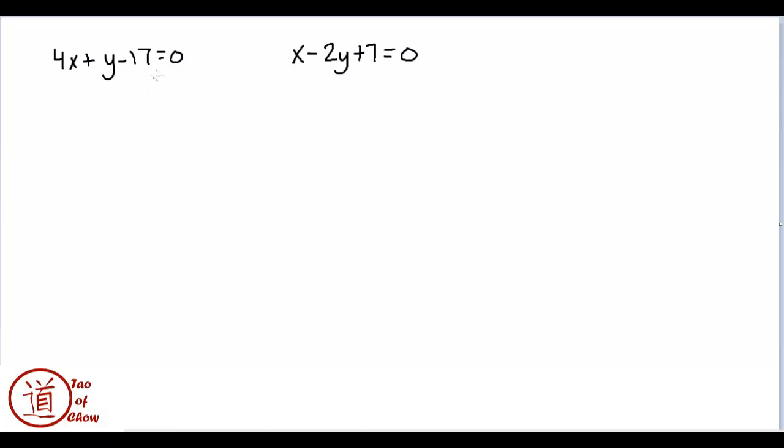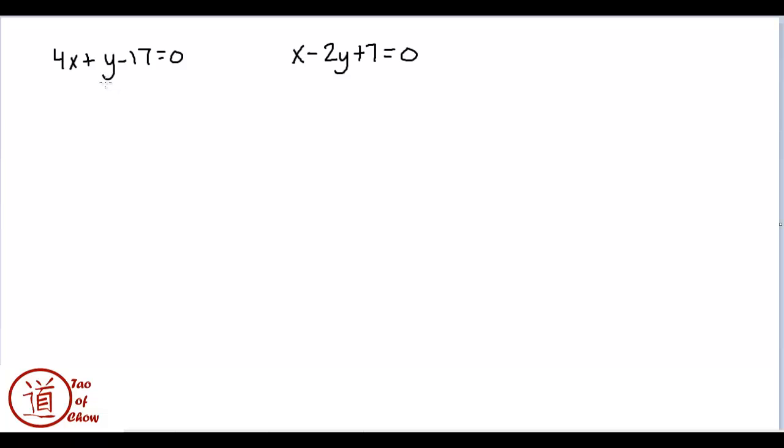If I had both of these equations, first of all, I'd have to put them into slope-intercept form, and then I'd have to graph them, and even then I might not get a great solution. But there's a way we can do this just using our equations, and it's a method called substitution.